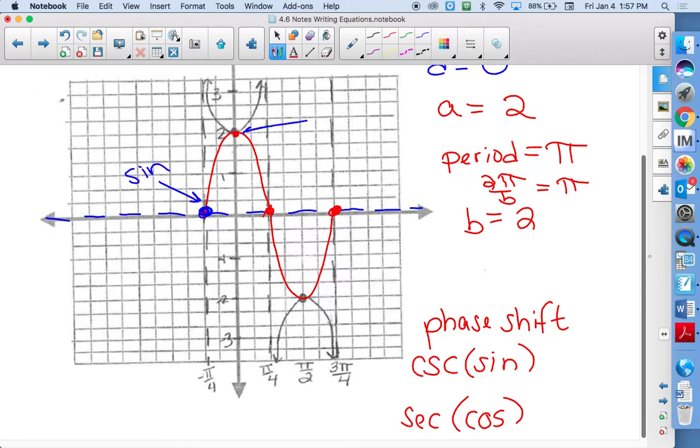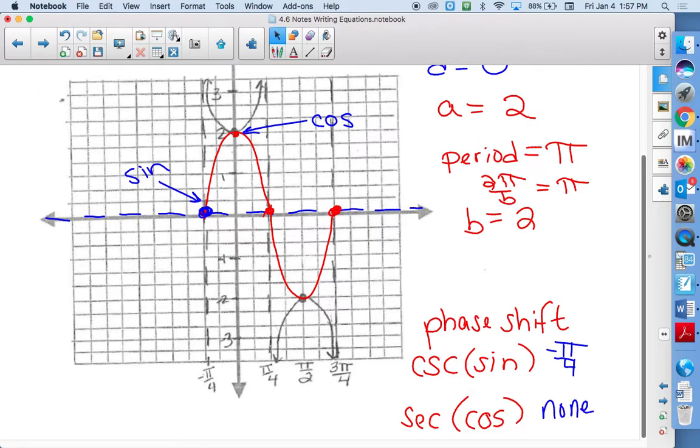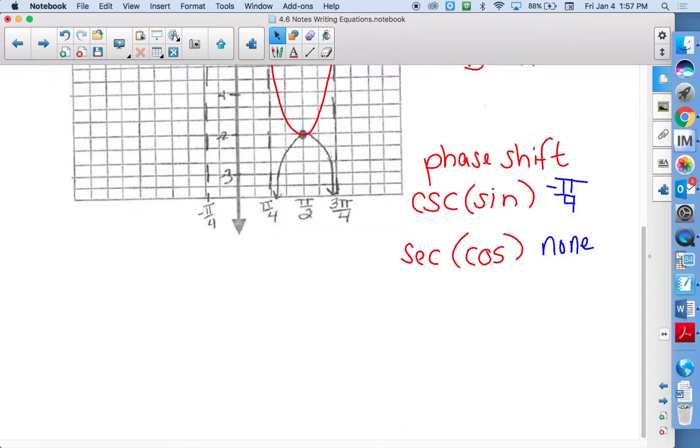A cosine graph would start up high. So that means the secant starts where the cosine starts. The cosecant starts where the sine starts. So the sine here starts at negative pi over 4. The cosine is on the y-axis, so it doesn't have a phase shift. That means the secant doesn't have a phase shift.